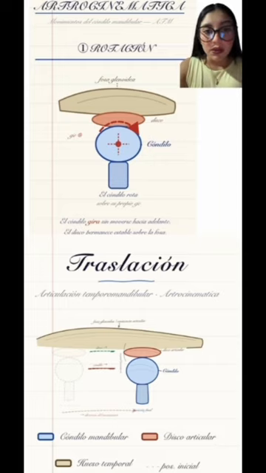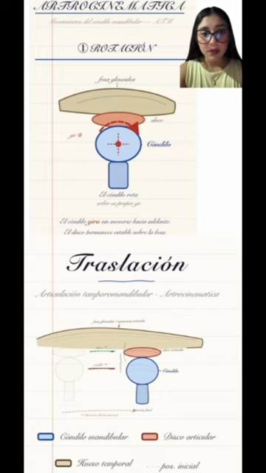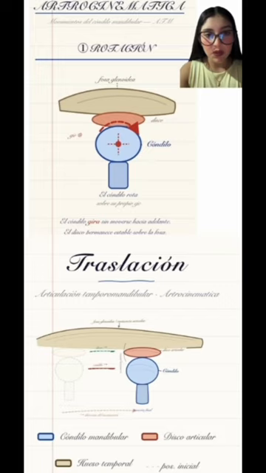And the articular disc absorbs compression, acting as a natural shock absorber. These elements work together so that the temporomandibular joint functions efficiently and without injury.